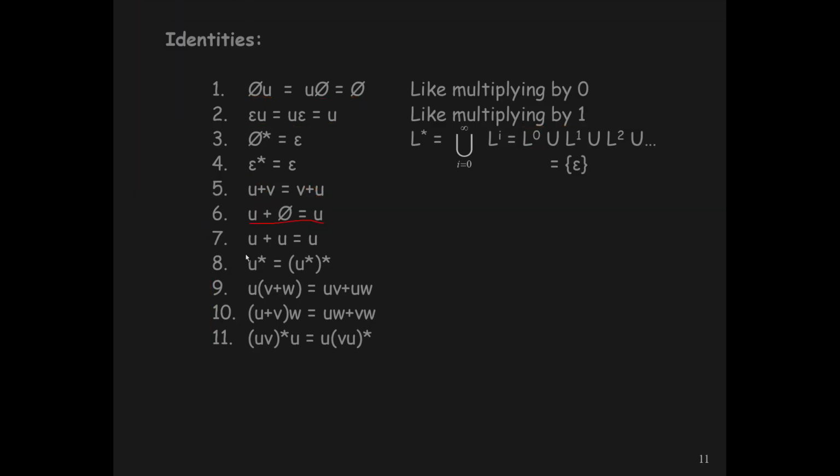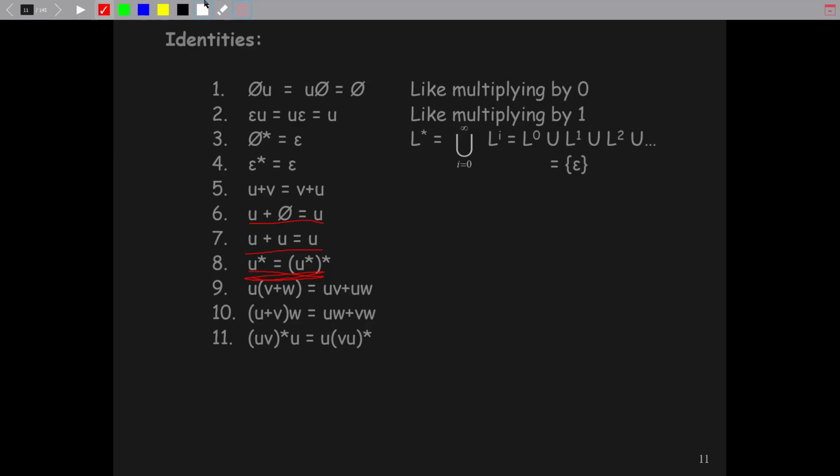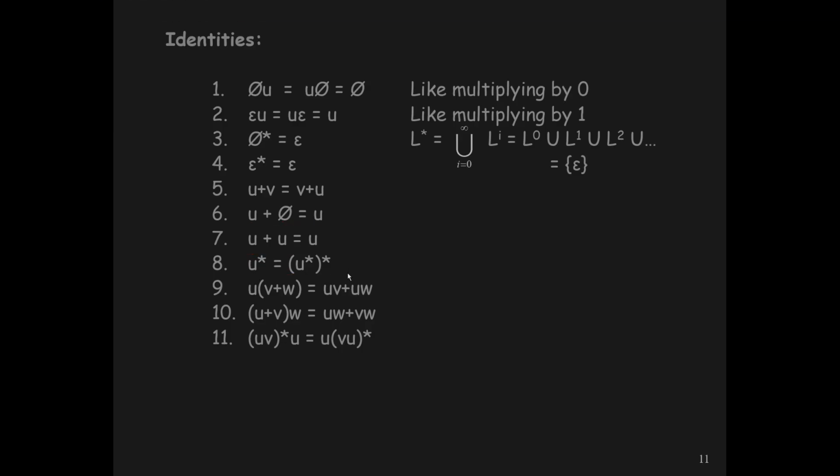This is just U, this is just U. Now this is kind of important or kind of surprising to some, in that if you repeat the Kleene star, you just get the same thing, okay? Like a single star. In addition, I think we covered this earlier, but concatenation distributes over union.